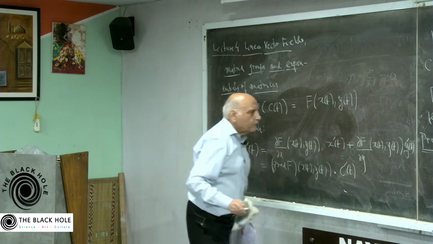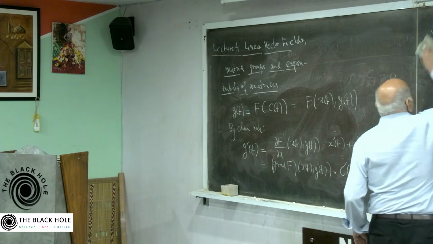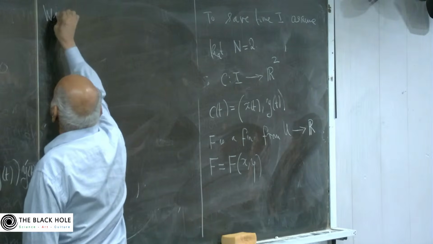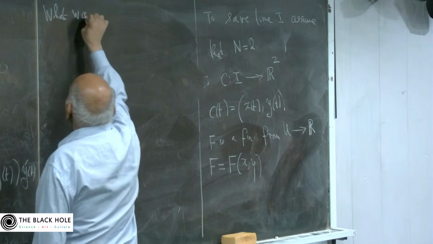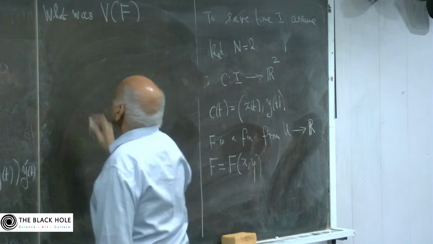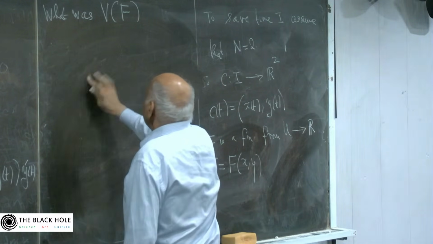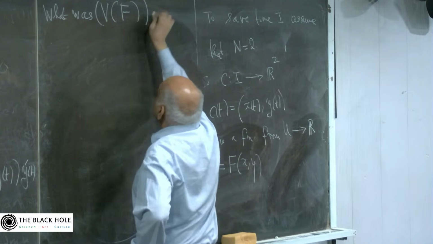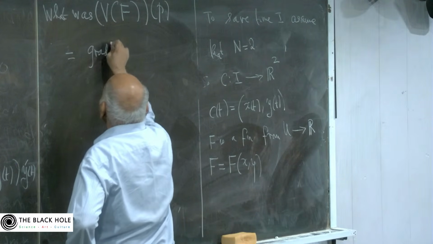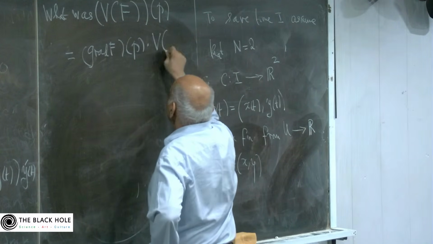And what was the definition of v of f? This function at any point p was gradient of f dot the value of the vector field v at p.